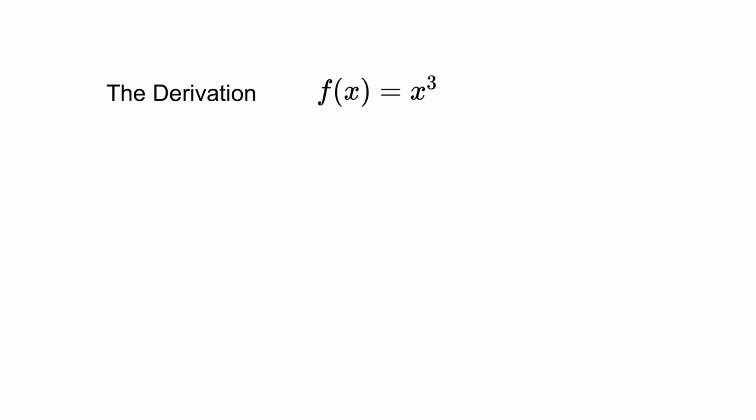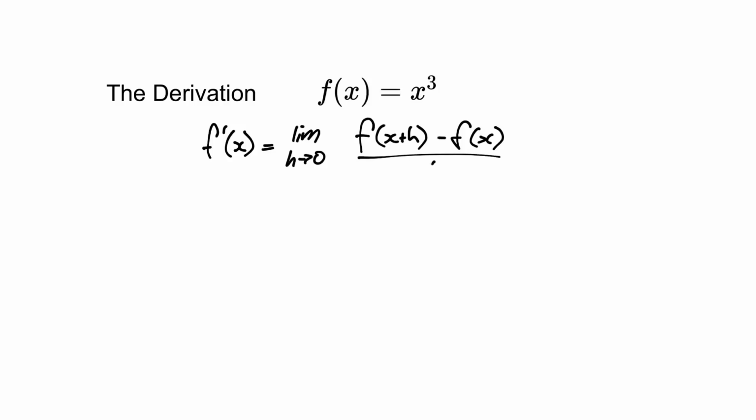And for our third one, we have f(x) is equal to x cubed. From first principles, we have f prime of x is equal to the limit as h tends towards 0 of f(x plus h) minus f(x) all over h. So inputting our function, (x plus h) cubed minus x cubed over h.